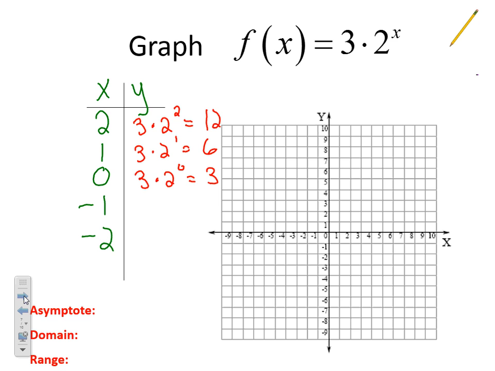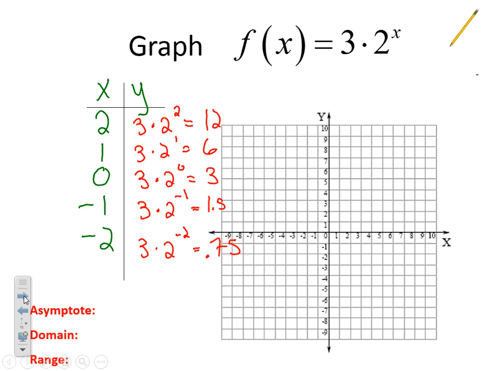We're going to put in -1. So 3 times 2 to the -1, we get 1.5. Then we do -2, 3 times 2 to the -2, and we get 0.75. Now we're going to graph this one.